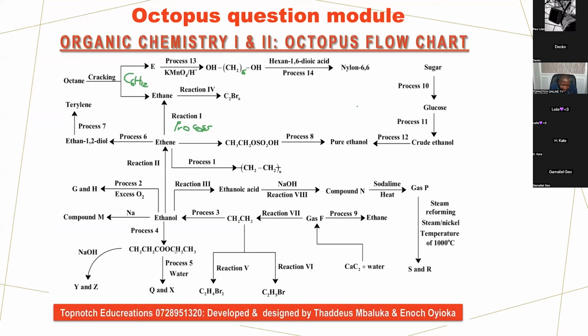This side has 2 carbon atoms, so the alcohol is ethanol. The other one, you just count 1, 2, 3: propanoic. So you write CH3CH2OH, that is ethanol. Then the other one becomes propanoic acid.